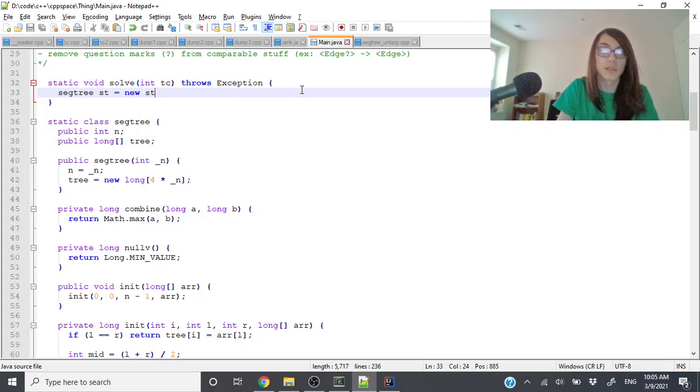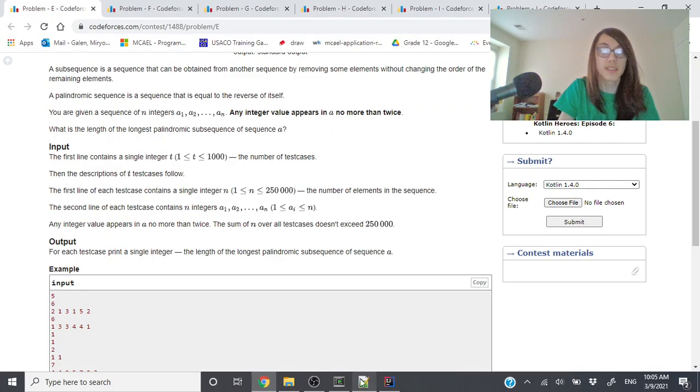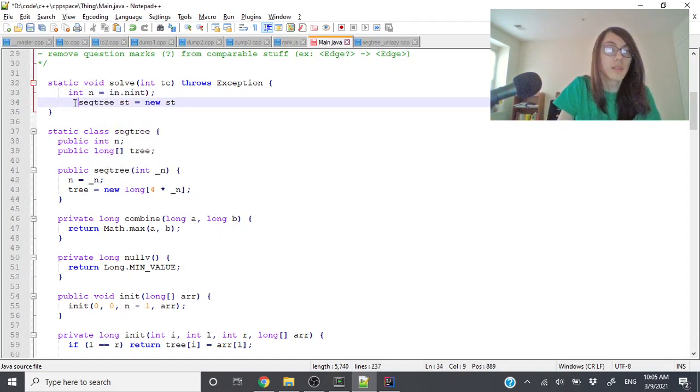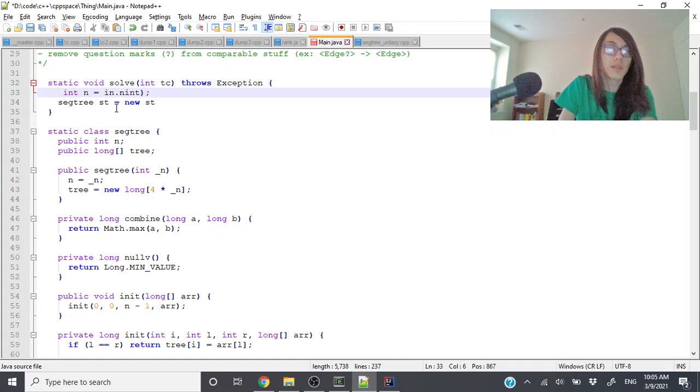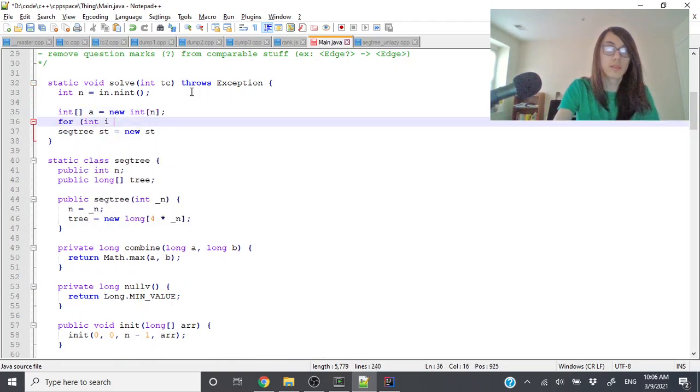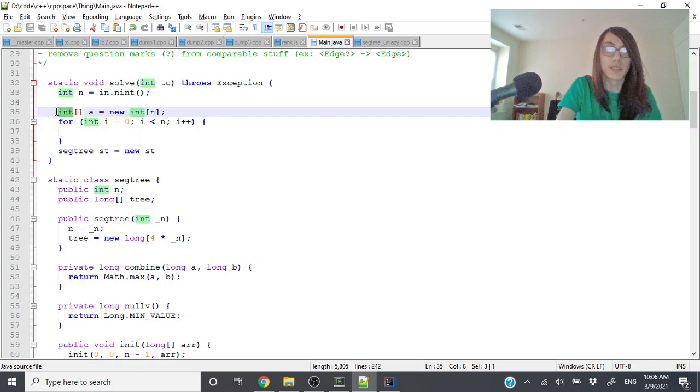Okay, so how's this gonna work? We have an int n, we have an array. int n equals in.nint. I'm not sure why that is messed up. Alright, we want longs because that's how I did everything.